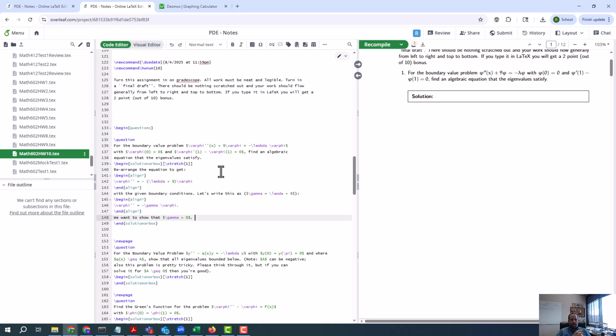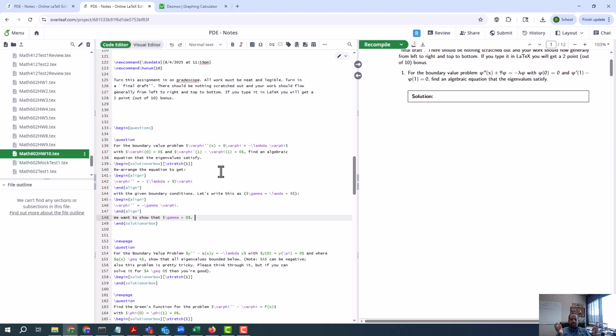The characteristic polynomial would be r squared equal to minus gamma, but gamma's negative, so r squared is equal to the absolute value of gamma. Then make some arguments to show that gamma has to be positive. Okay, that's one way to do it.